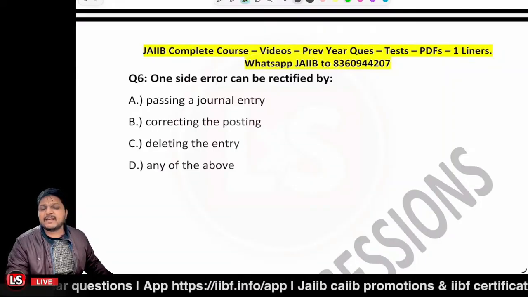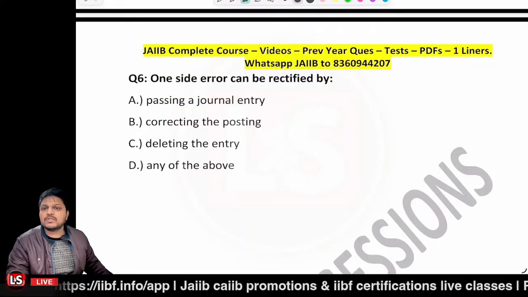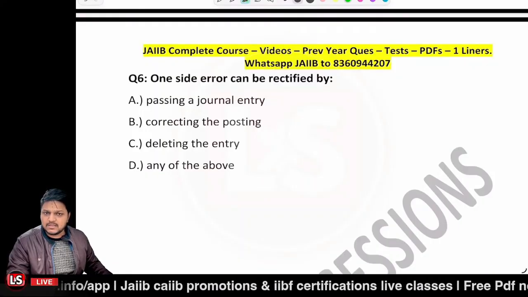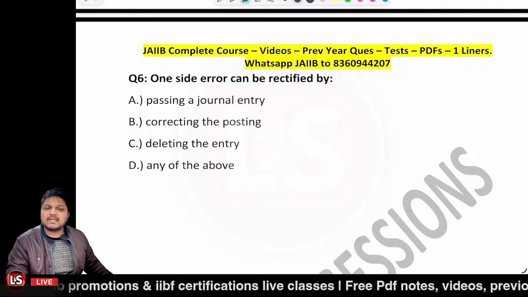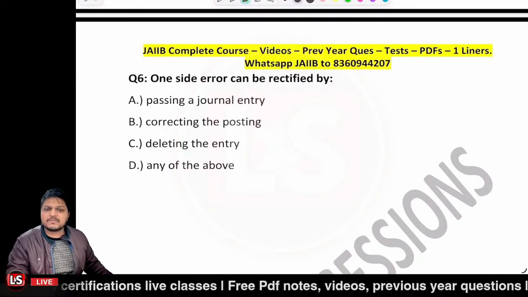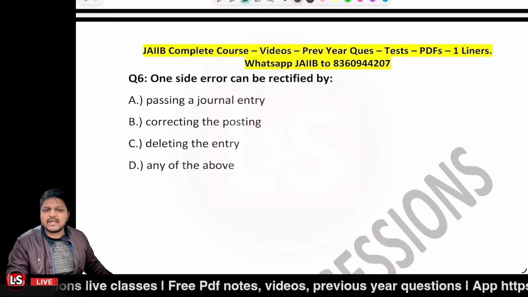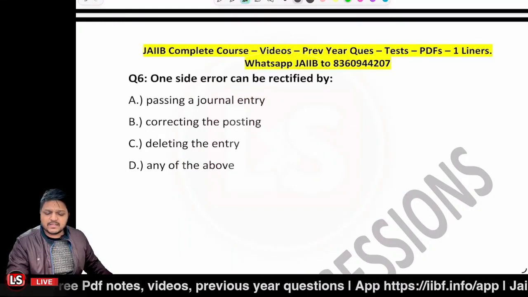See, a one-sided error affects only one side, which is causing the disagreement in the trial balance. And you can simply pass a single entry in the journal using the suspense account, or by passing a journal entry correcting the posting. How can it be done? Do answer at the earliest.